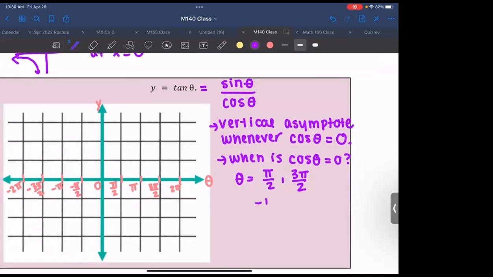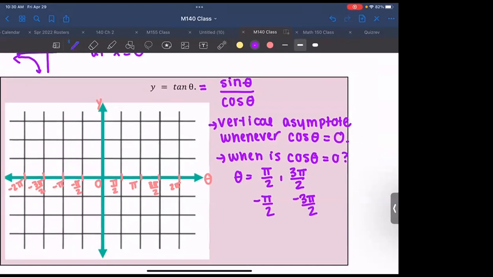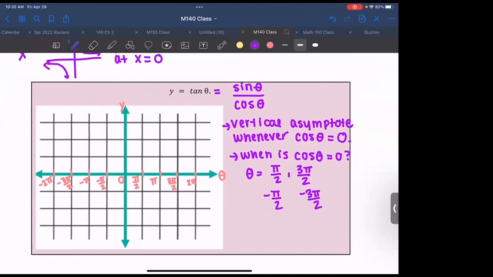So for example, negative pi over 2, we have cosine being 0, negative 3 pi over 2 as cosine equal to 0. What this translates to is we know that tangent has a vertical asymptote at pi over 2. I'm going to represent that with a dotted line. It also has a vertical asymptote at 3 pi over 2.